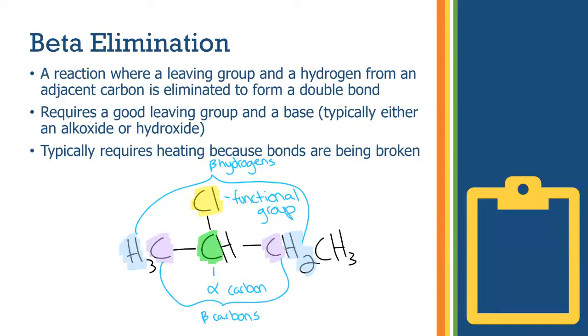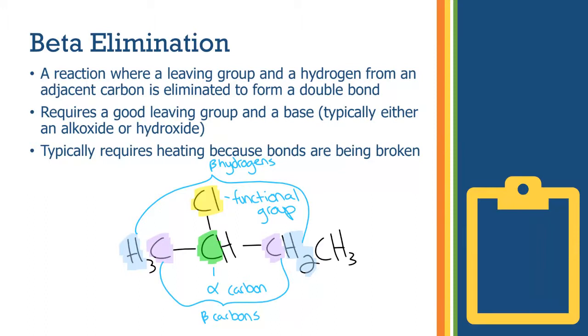So again, this whole section was on beta elimination, which is a type of reaction where a leaving group and a hydrogen from an adjacent carbon are eliminated to form a double bond. So your product is an alkene.